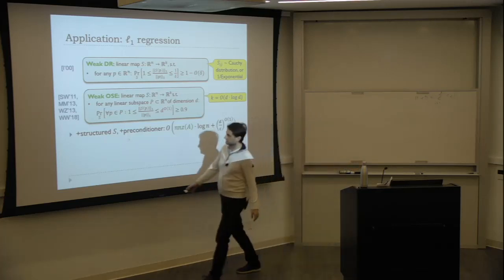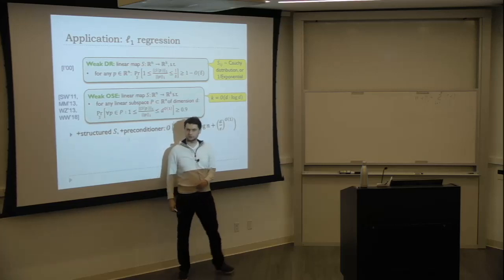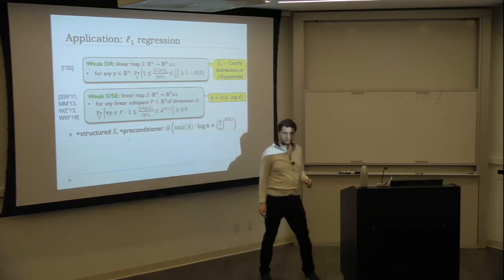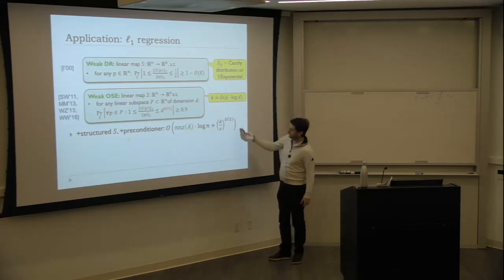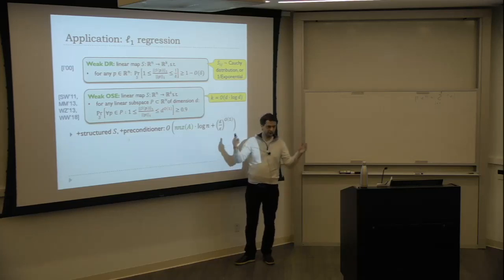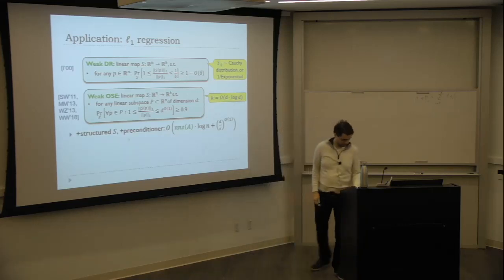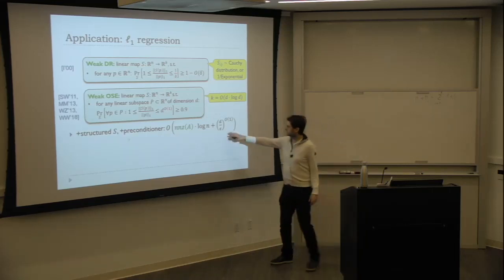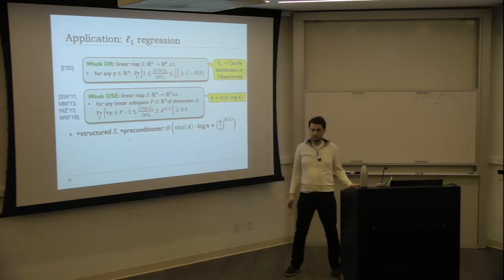So indeed, you can design a map S which is more structured, in a similar fashion to what we discussed yesterday at the end of the lecture, to get a better algorithm. And at the end of the day, the runtime that you get is, again, the number of non-zeros of the input matrix A times log n, and something which is polynomial in d over epsilon. As far as I know, it is not known how to improve this dependence on epsilon from polynomial in 1 over epsilon to logarithmic in 1 over epsilon.